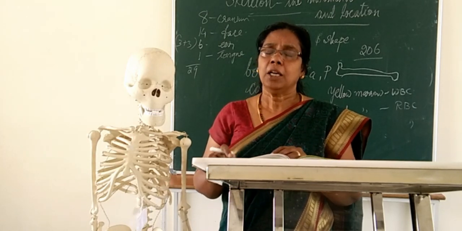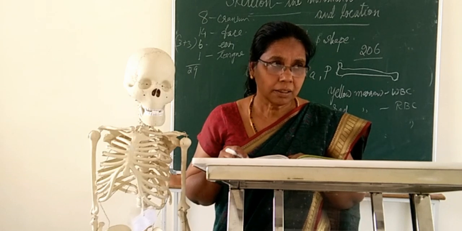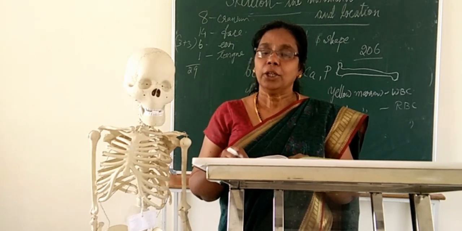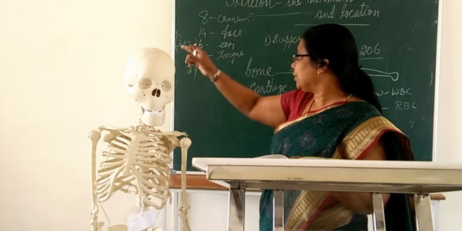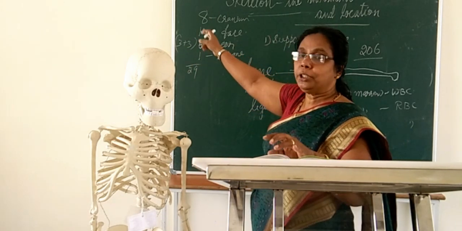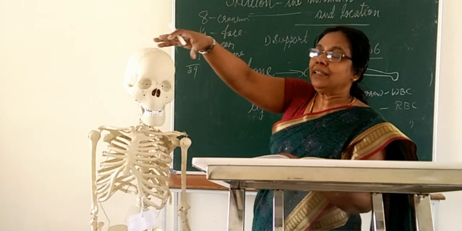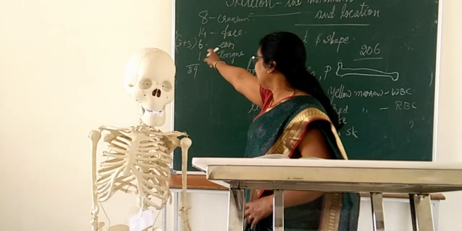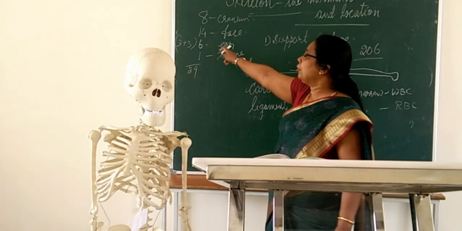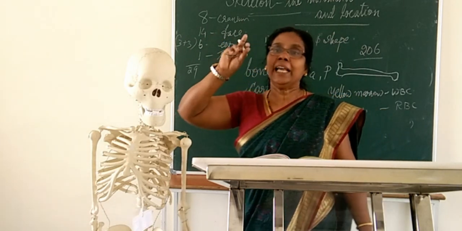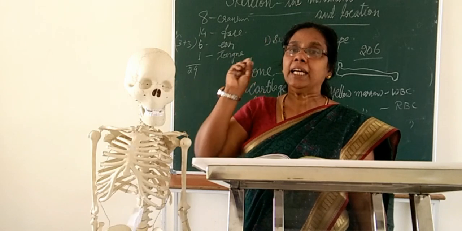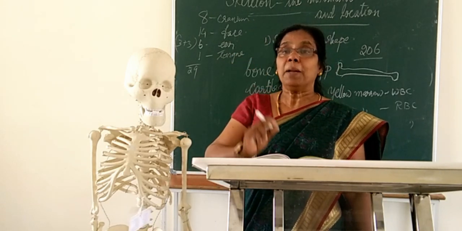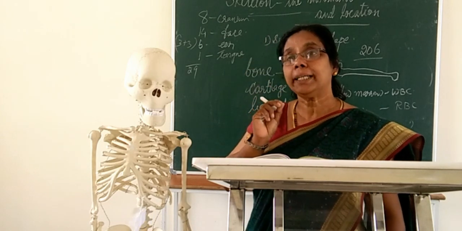22. That's why I wrote on the board. You see, 8 in the cranium, and 22 in the face. Again, you have to add the ear bones. In both ears, 3 plus 3, how much? 6 bones, plus 1 bone that holds the tongue.